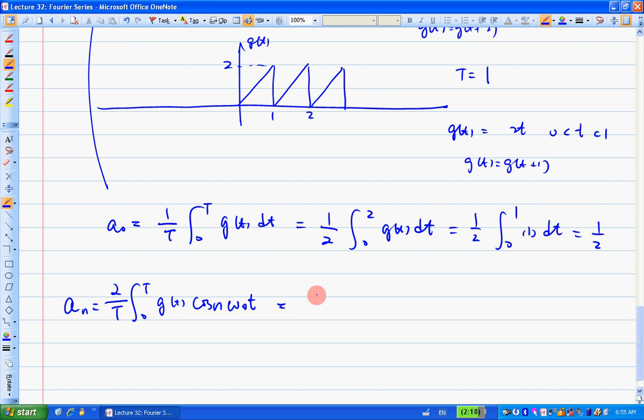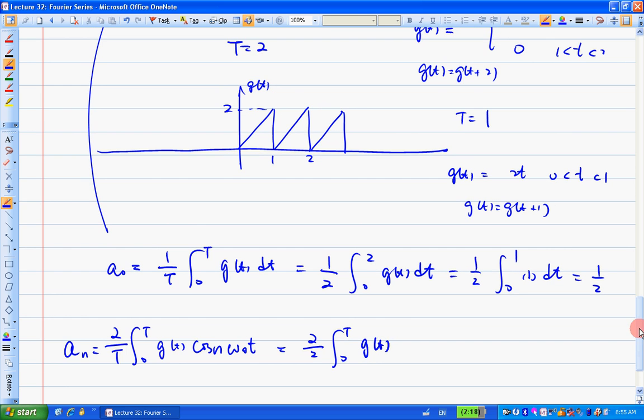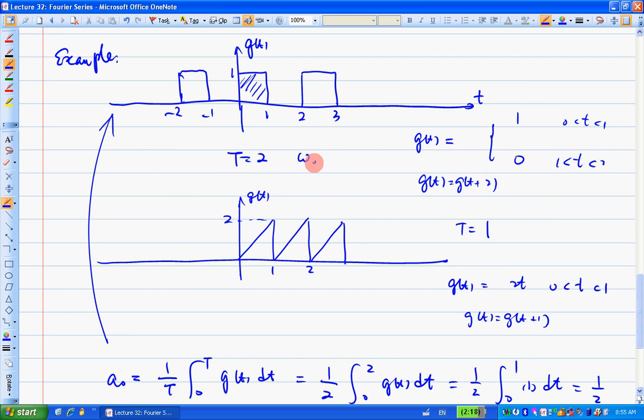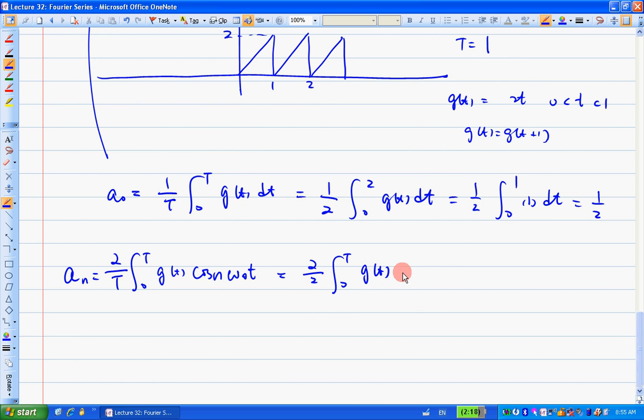T is 2. If T is 2, then omega naught will be what? Pi. That's right. So T is 2, omega naught is 2 pi over T, which is pi. So that's cosine of n pi t dt.